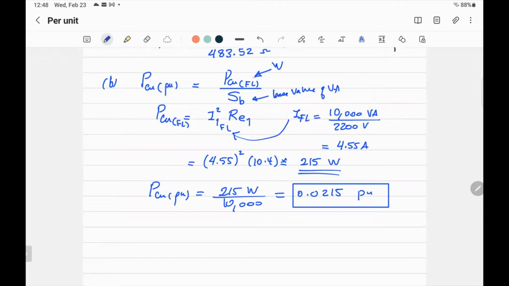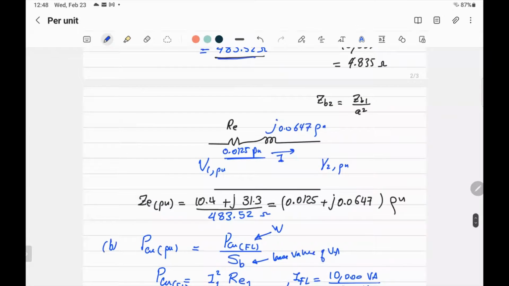I got I squared times R, the value in watt, 215 watt. Then to find it per unit I refer to the base. Which base are we going to use, volt, amp, or power? Power, because you divide power by power. The base power of the transformer is 10,000 VA. So I divide by 10,000 and I got 0.0215. When I compare it to the equivalent resistance per unit, it's the same.